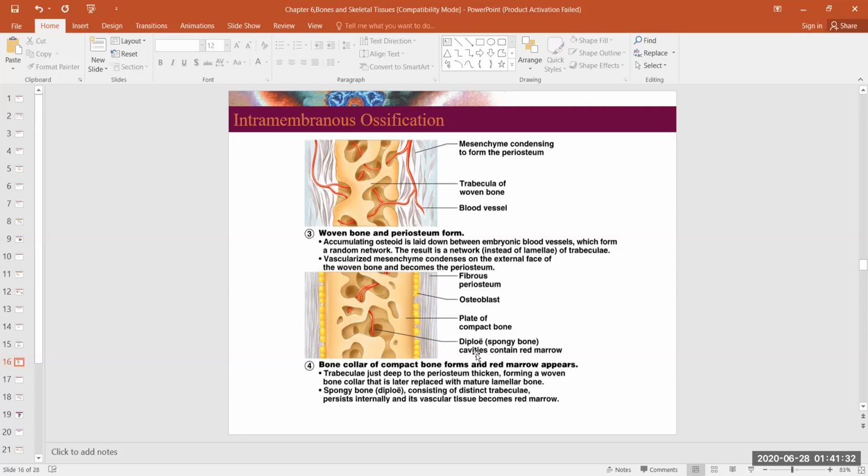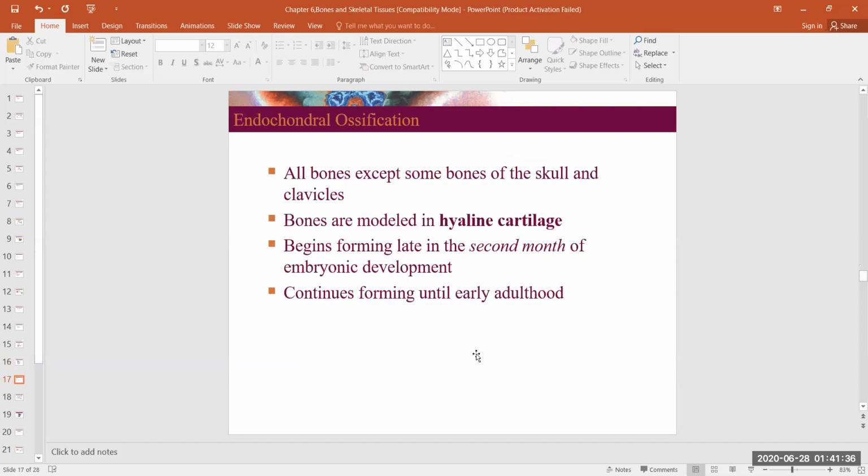Whereas endochondral ossification is for long bones, and you're going to see it here now. Endochondral bone formation means bone is formed in the endochondrium, that means inside the hyaline cartilage. So all bones in the body, except some bones of the skull and the clavicle, are formed by endochondral ossification. Bones are modeled in hyaline cartilage.